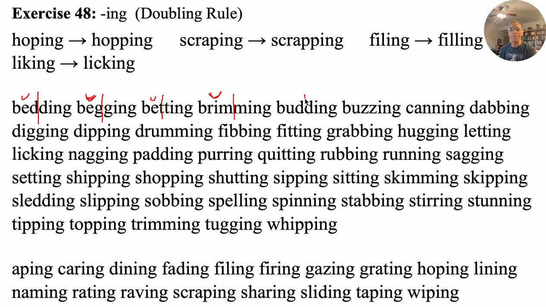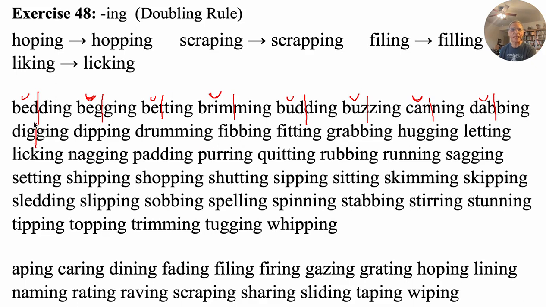Budding. The trees are budding in the spring. Buzzing. The bee was buzzing. Canning. My mother was canning beans for the winter. Dabbing. He was dabbing along.